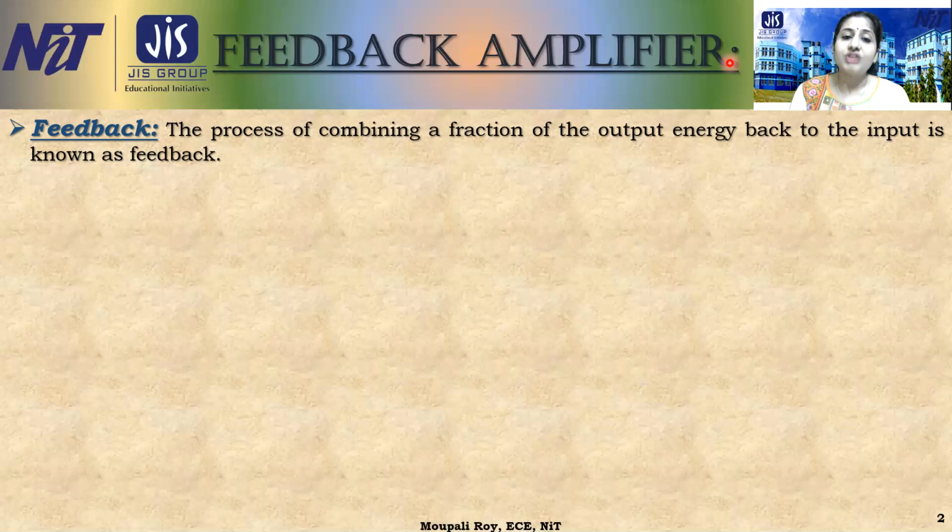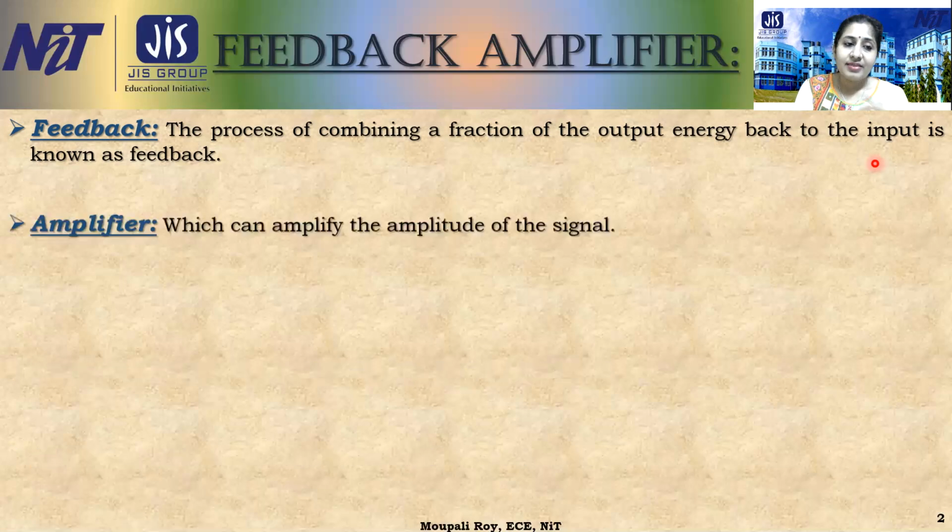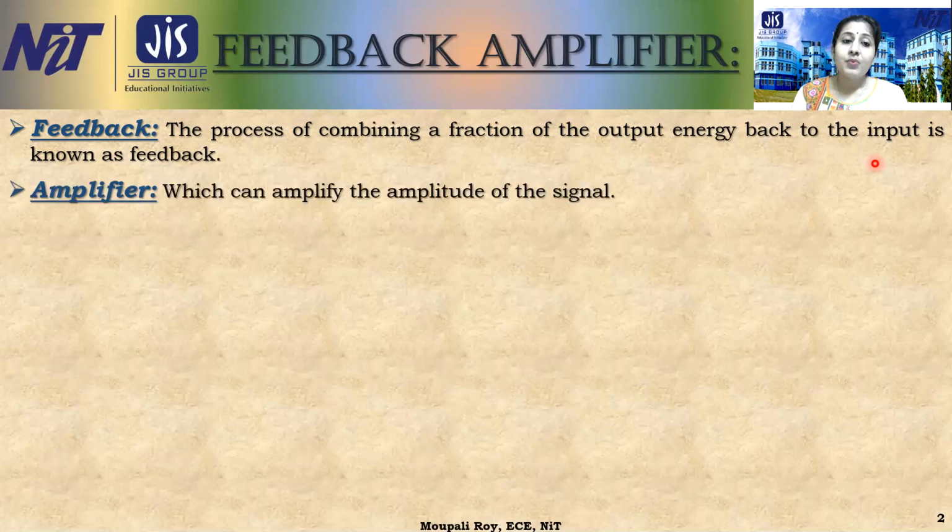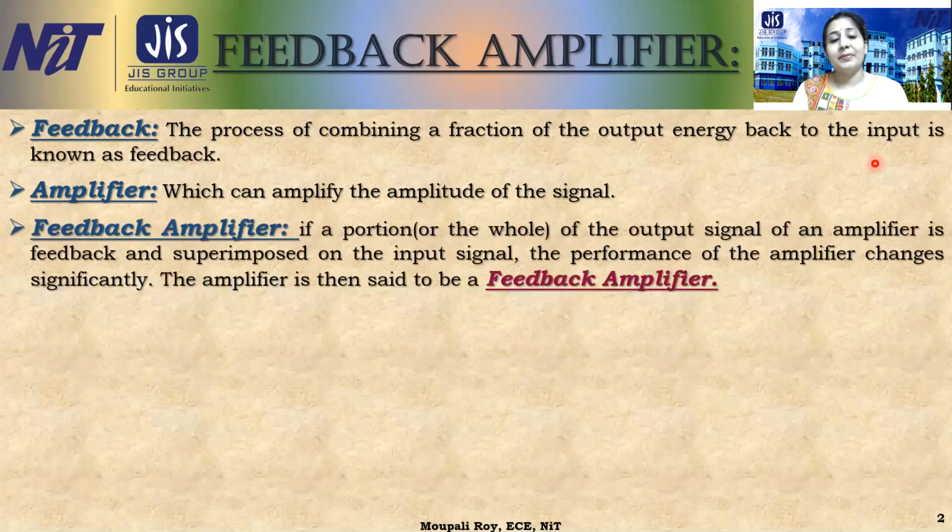So the process of combining a fraction of the output energy, that means something from the output goes back to the input, is known as feedback. Next one, what is an amplifier? Which can amplify the amplitude of the signal. Okay, so next one is the feedback amplifier.